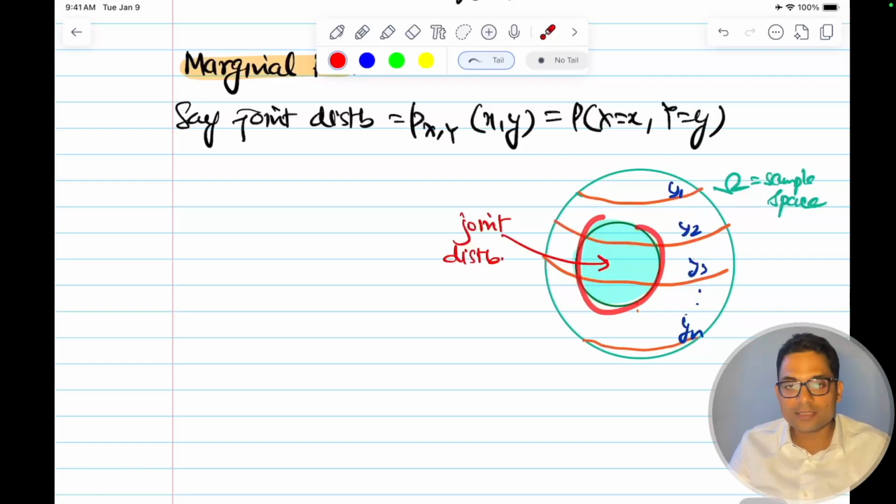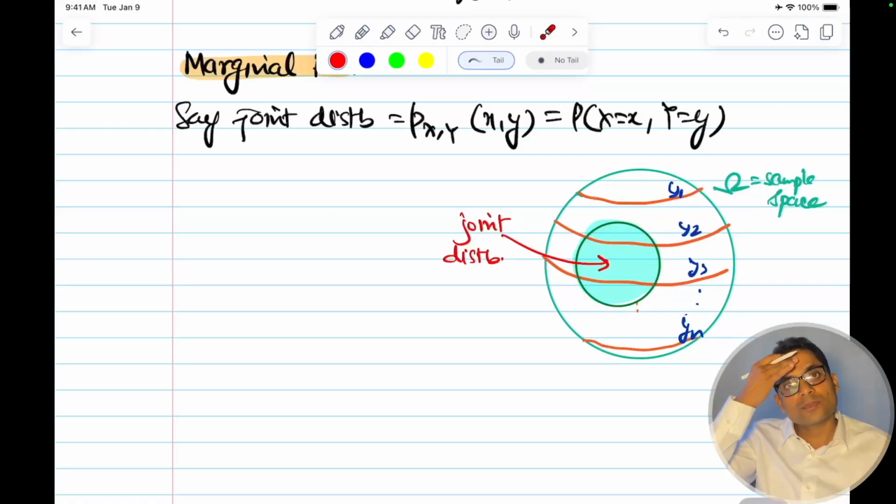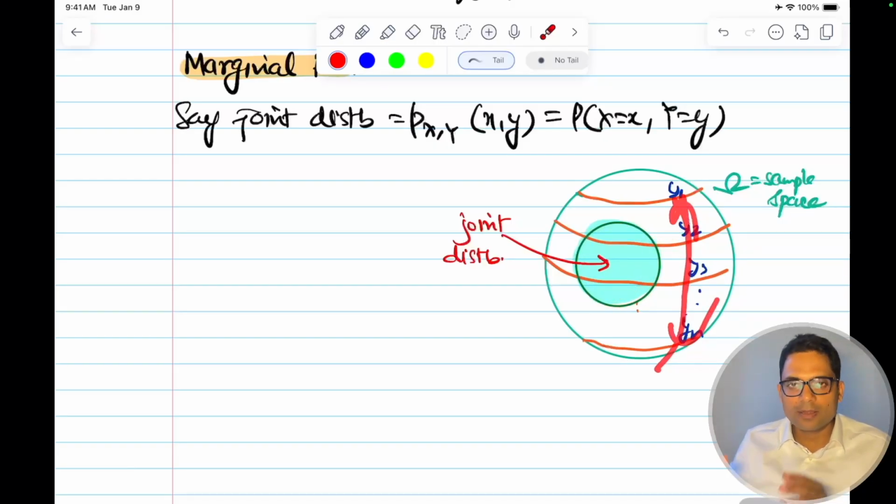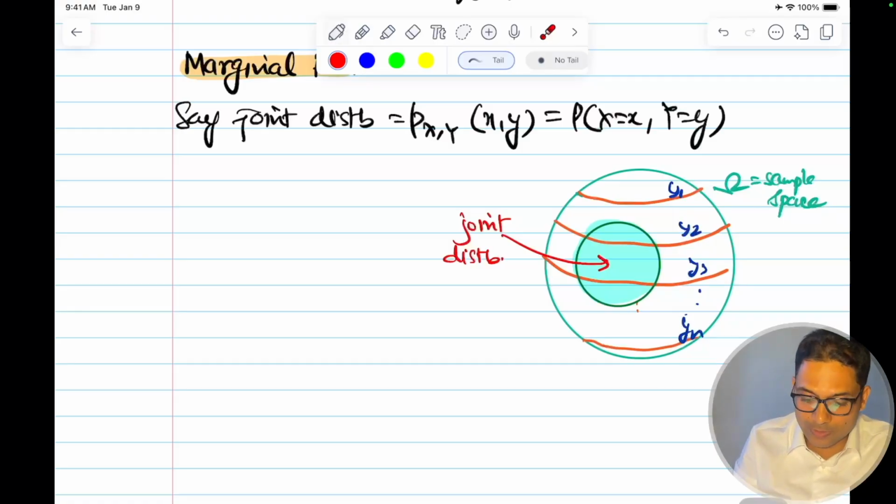So if I find the intersection of this with all the possible values of y, this will give me the total probability of the other variable. So if I do the intersection of the joint distribution with respect to the other variable, or the summation over the other variable, I'll get the marginal distribution.